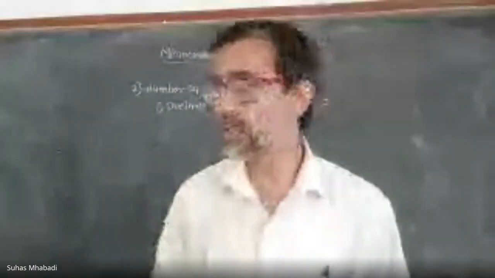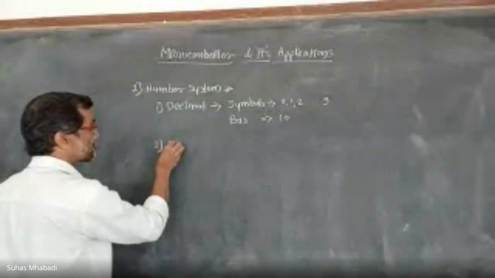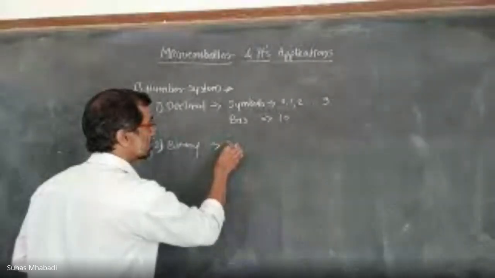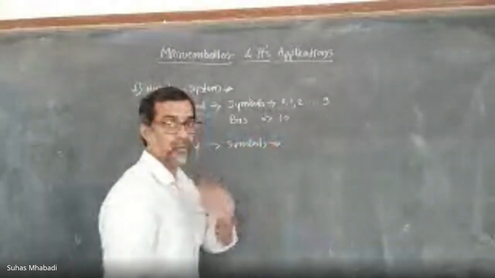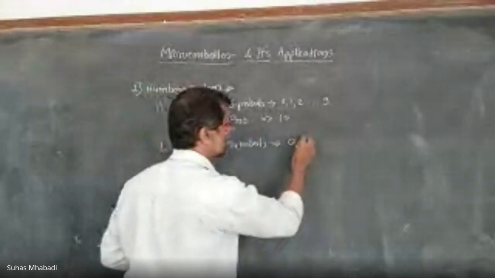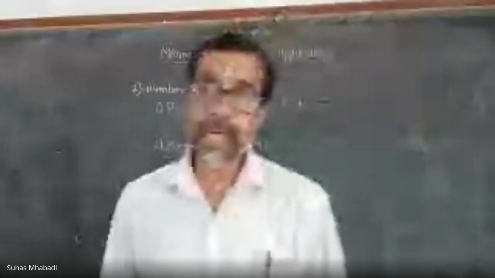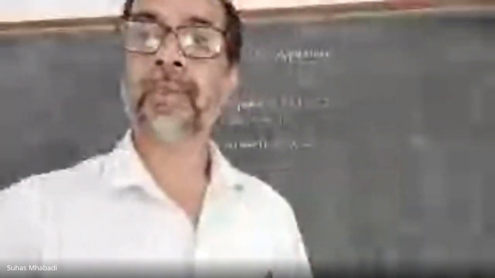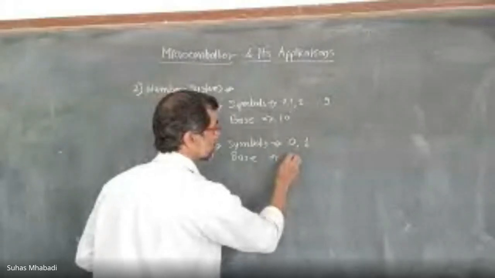In the binary system, the available symbols are only two: one of them is 0, the other is 1. So obviously the base value of this system is 2.